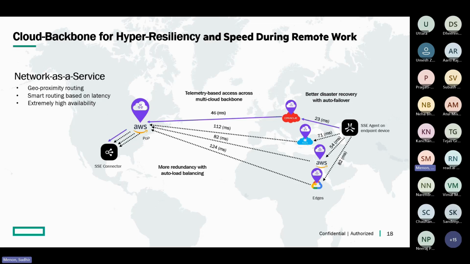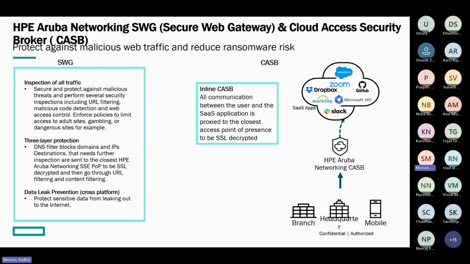So this way we can guarantee almost 100% uptime of our platform with SSE. And like I mentioned, it's a least latency connection, so the least latency path is always chosen first.